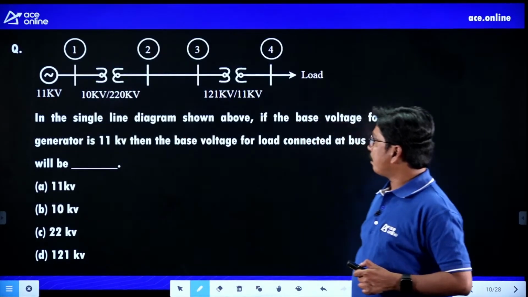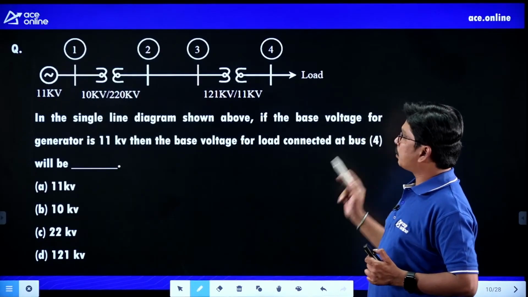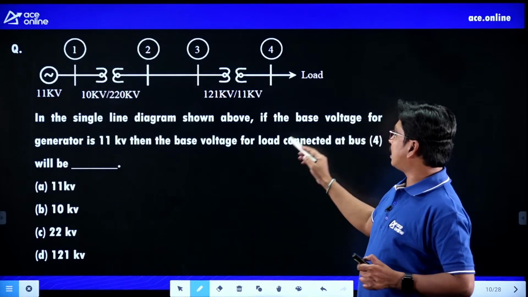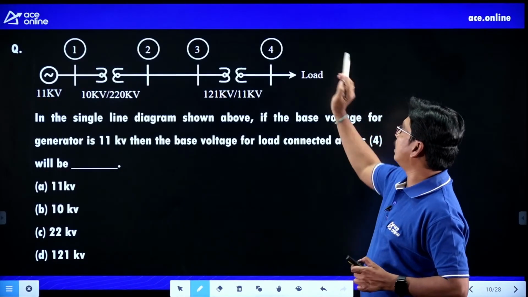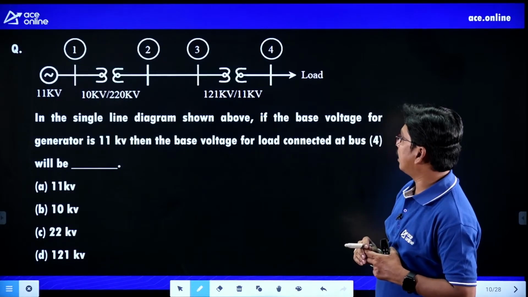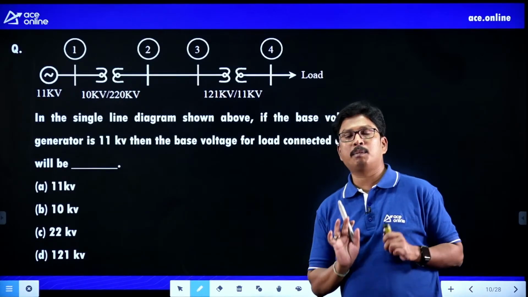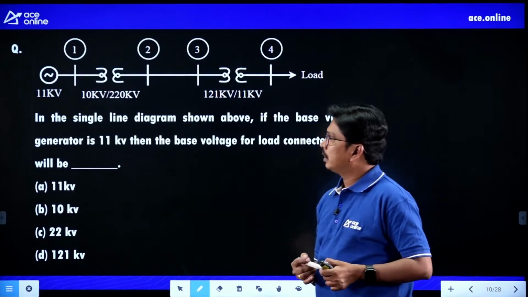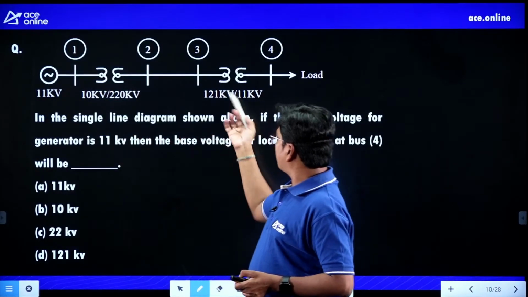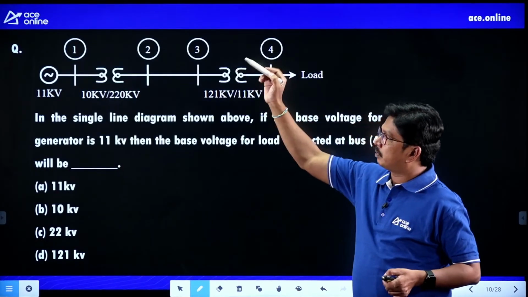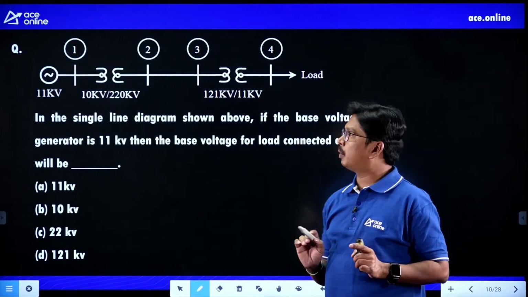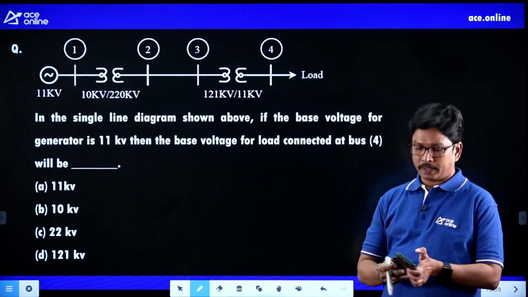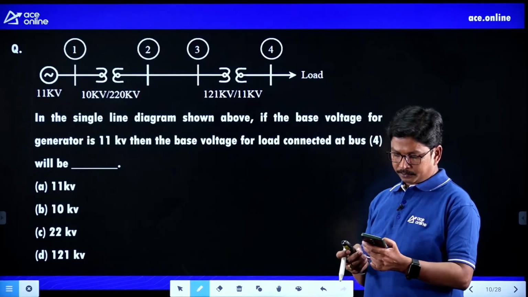In the single line diagram shown above, if the base voltage for the generator is 11 kilovolts, then what is the base voltage for the load connected at bus 4? Try to calculate that one. Try to understand.